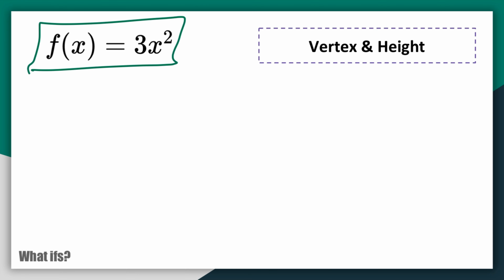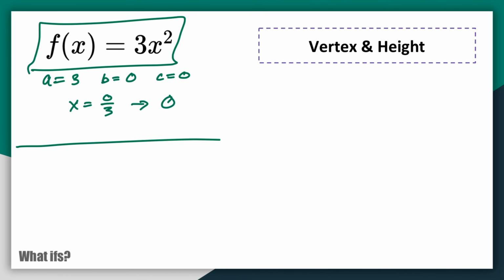Well, if you see missing pieces, meaning the B term and the C term, you can assume that they're 0. So if I were to identify this, A is 3, B is 0, and C is 0. If I use the axis of symmetry, I get 0 over 3, which is just 0. Just because I have a missing piece does not mean I cannot do that problem.